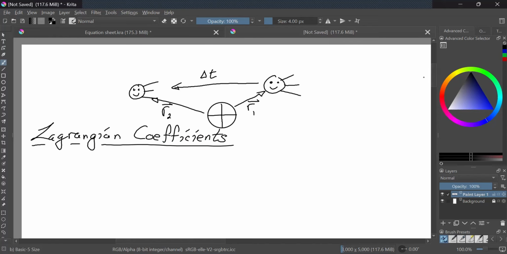Lagrangian coefficients. Something I want to address before I get too far is that I'm making this series of videos on this topic on the internet. It's really easy to say with a confident enough voice that, oh yeah, this is how you do it. Fair, but this is a really tricky problem in the astrodynamics community.